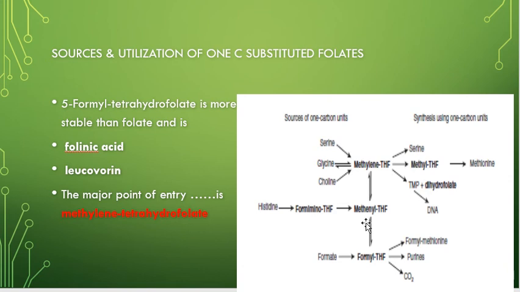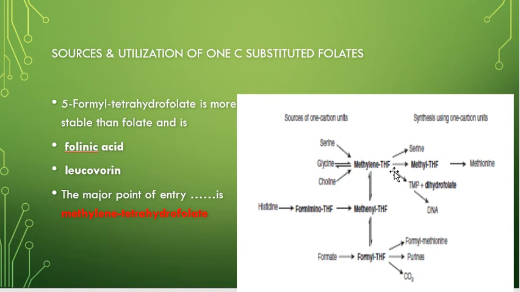However, formyl tetrahydrofolate is the important source for carbon 2 and carbon 8 of the purine ring and is involved in purine synthesis. So you can say folic acid is an important precursor for the synthesis of DNA, RNA and nucleotides.